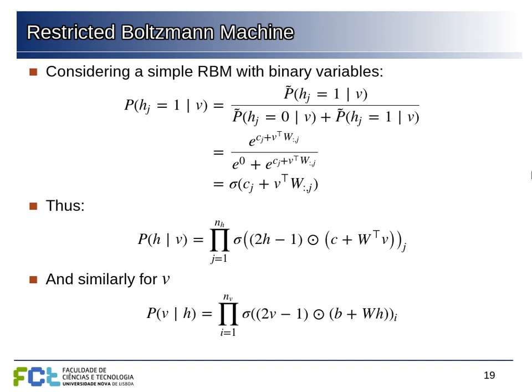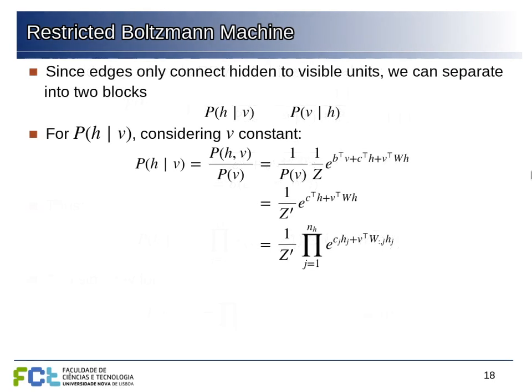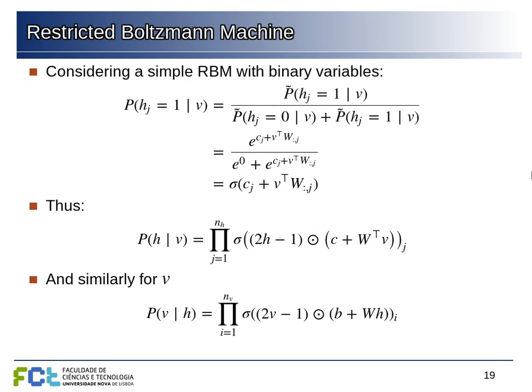If we consider the probability of one particular hidden variable being 1, given the vector of observations that we have, we have the unnormalized probability, given by the energy function, divided by the partition function, this Z prime here, which is the sum of the unnormalized probability when the value is 0 and the unnormalized probability when the value is 1.